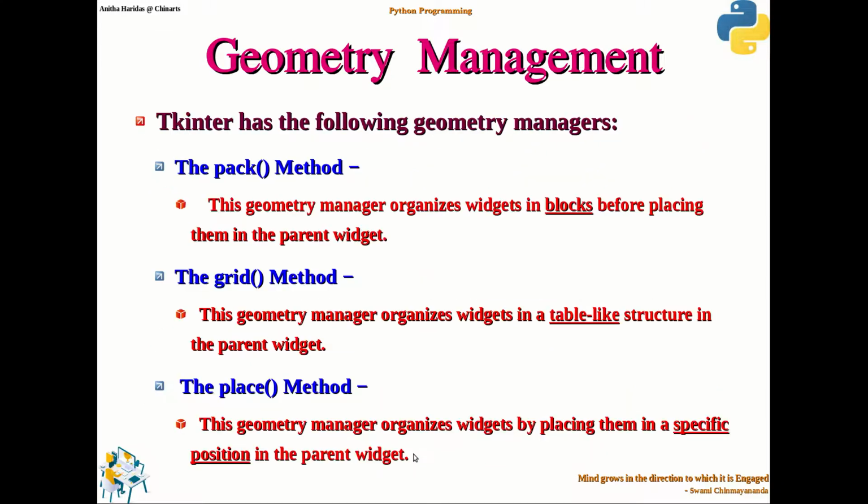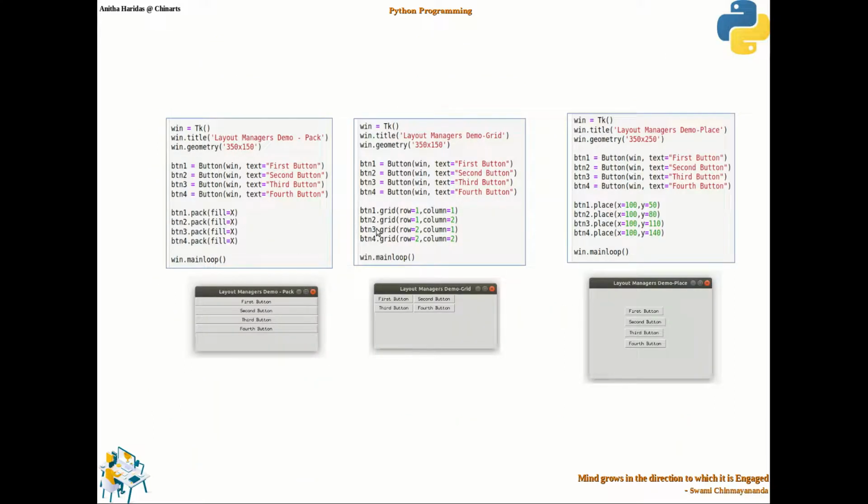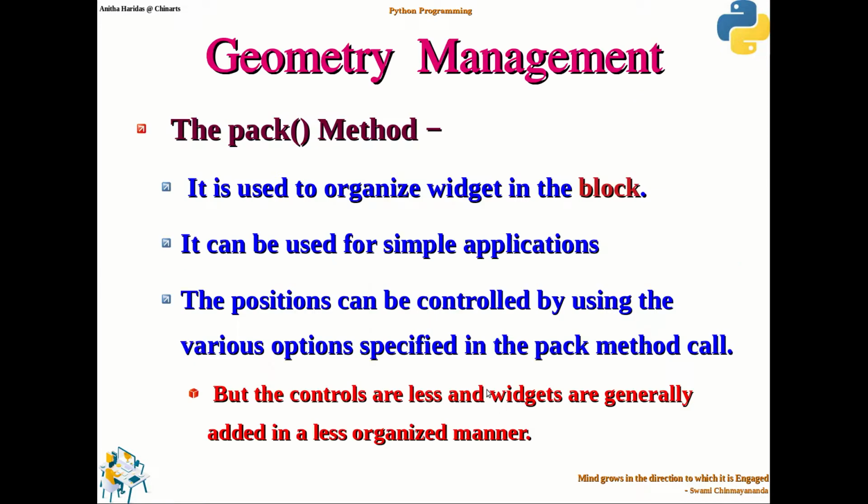That was discussed in our previous session. These are the three important geometry managers that are available: pack method, grid method, and place method. And we had seen a simple example of having 4 different button objects displayed with the pack method, with the grid method, and the place method.